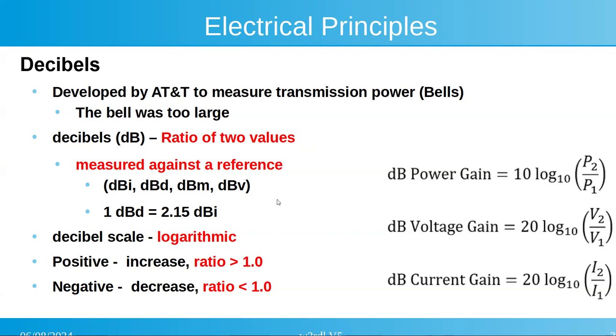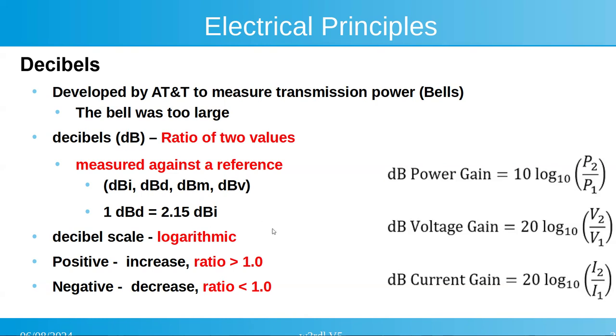Now, you don't need to worry about it, but when we do things like volts, it's 20 times the log. It's twice as big, because if you remember in the power formulas where we did current and voltage, there were squares. That's why the difference is 10 versus 20.